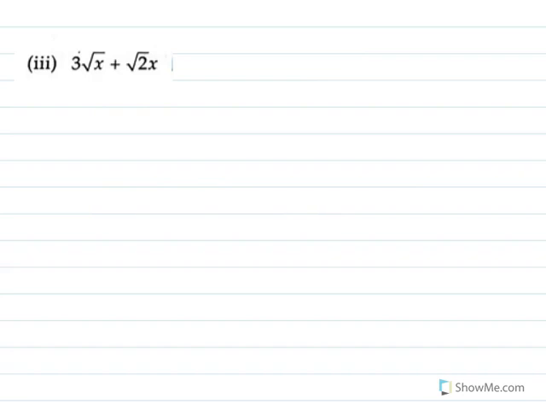Now for the next one. Remember, under root x can be written as x raised to 1 by 2. So when you write the power of the first term, it will be x raised to 1 by 2. So the power is 1 by 2. Of this term, it is x raised to 1, so it is 1. Let's check the power. Here the power is a fraction, so it cannot be a polynomial.